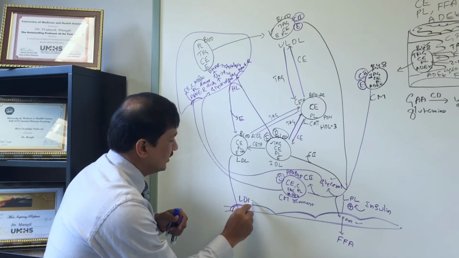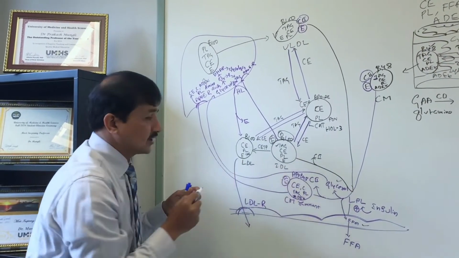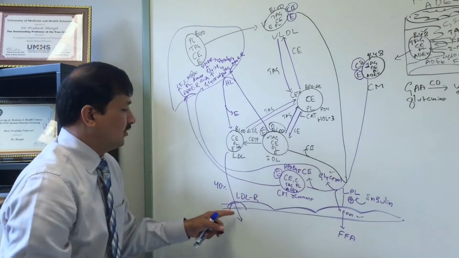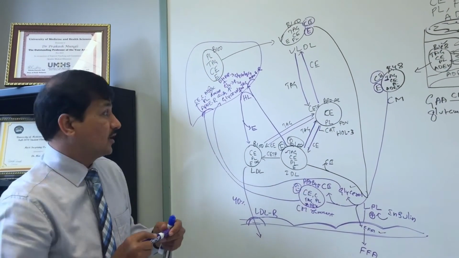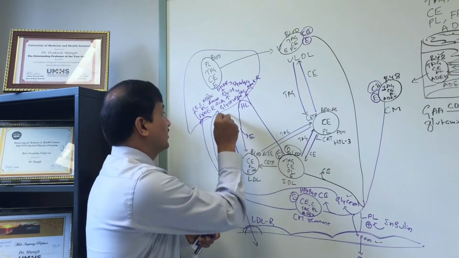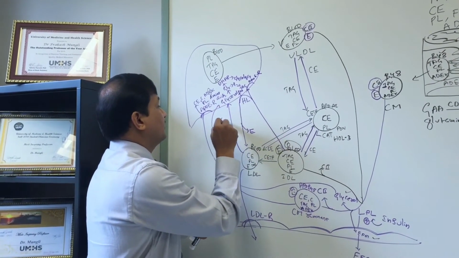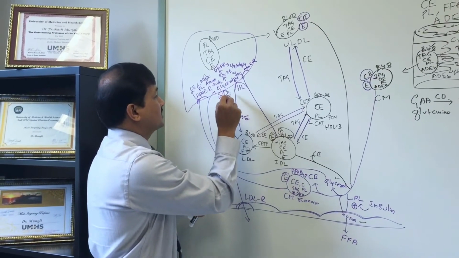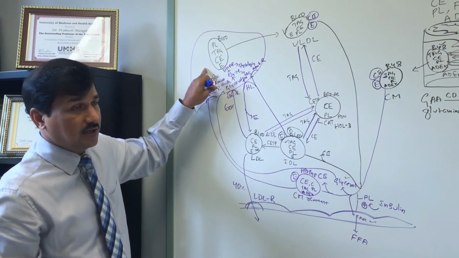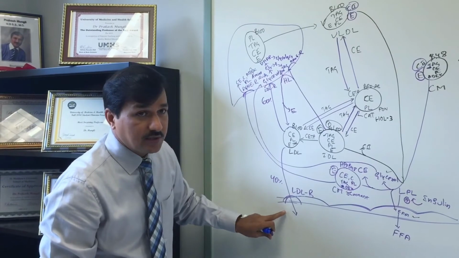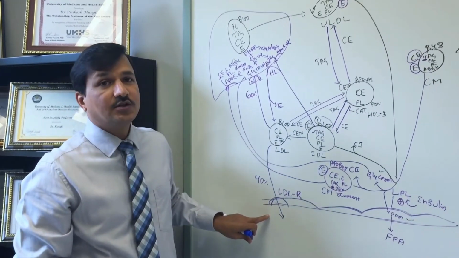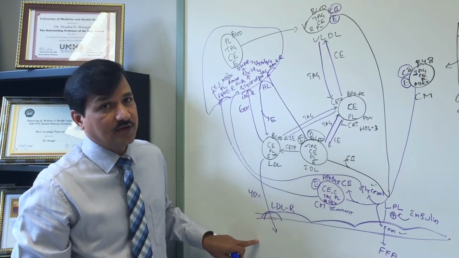This is an LDL receptor which is going to recognize ApoB100. 40% of the circulating LDL will be taken up by LDL receptor, and 60% of it will be taken up by the liver, again by LDL receptor. That is how LDL will end up in extrahepatic tissues, that are peripheral tissue.